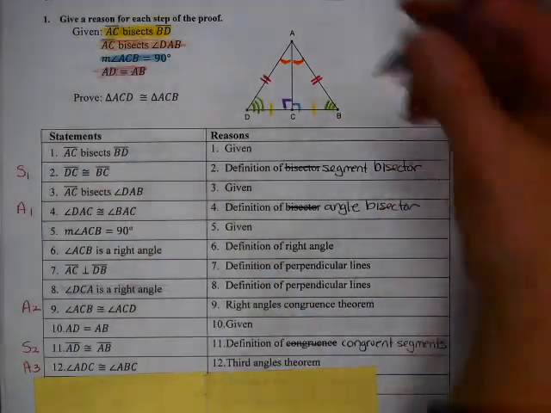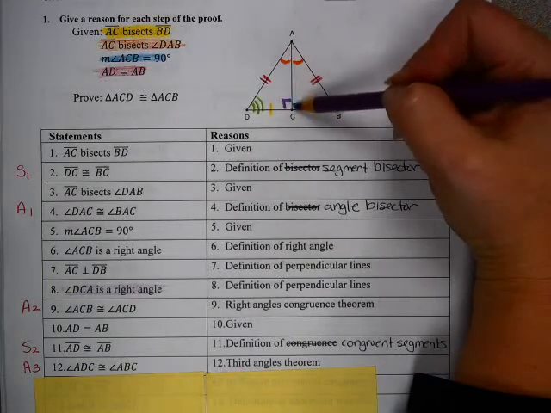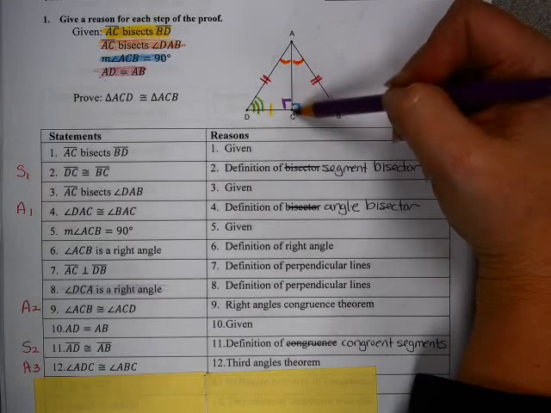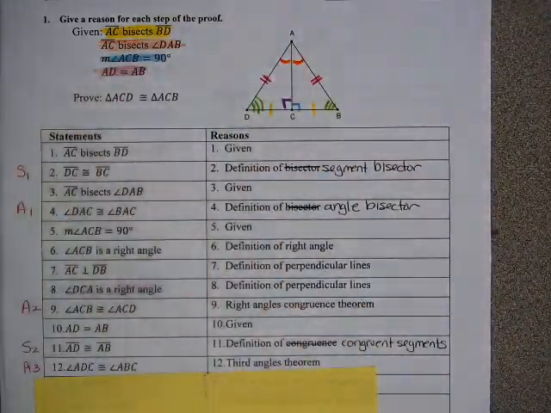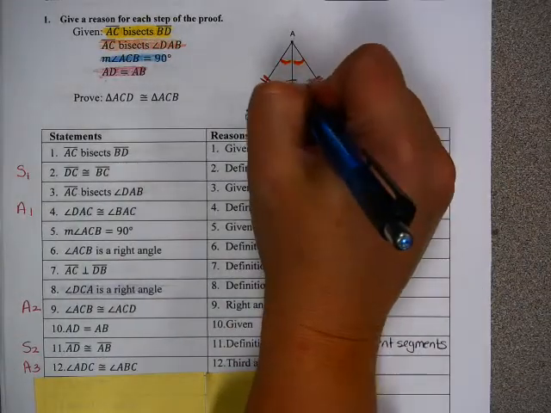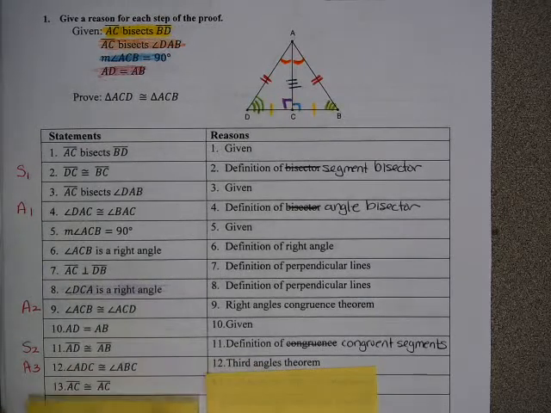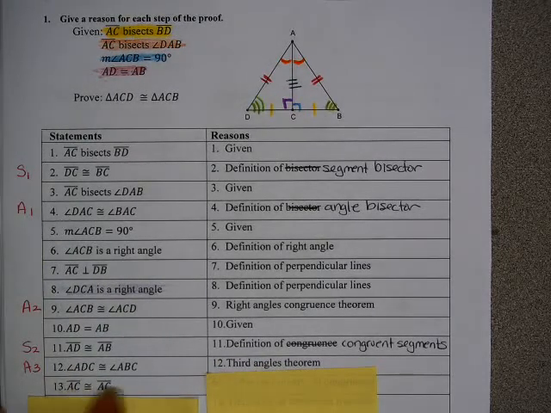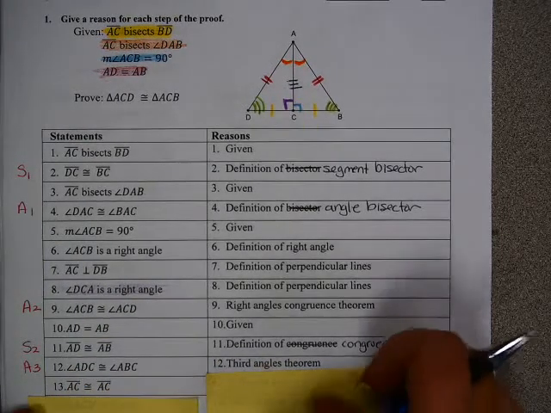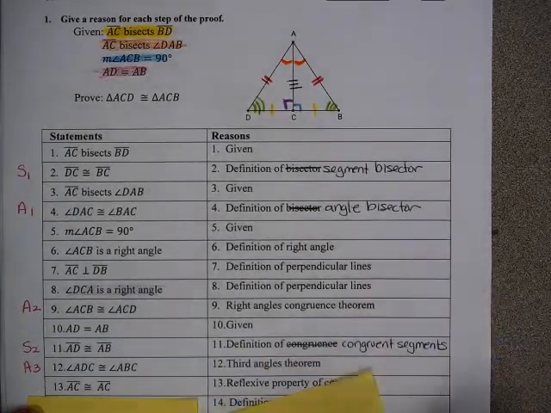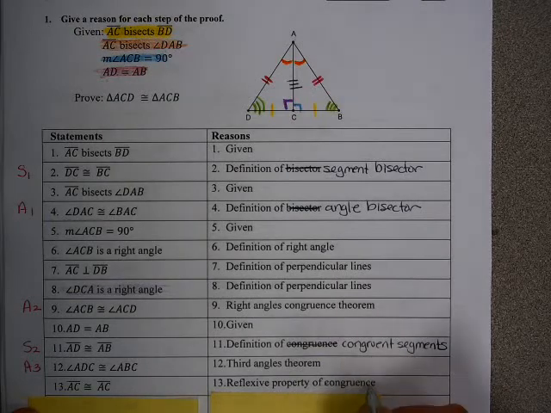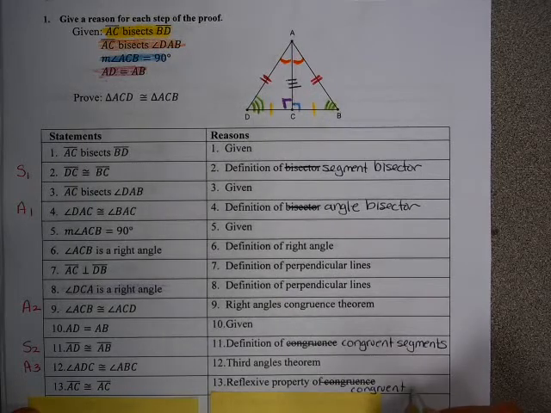Well, right here, there's your side 3. And side 3 is congruent to itself, 1, 2, 3, because of AC congruent to AC. You should recognize that. That is the reflexive property of congruent segments.